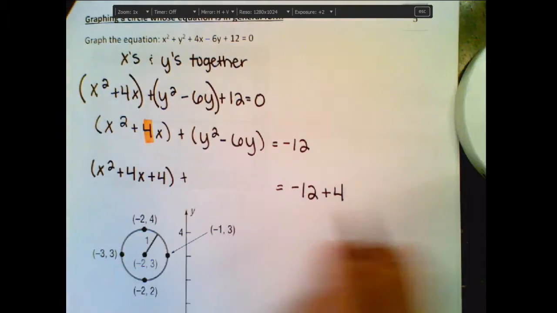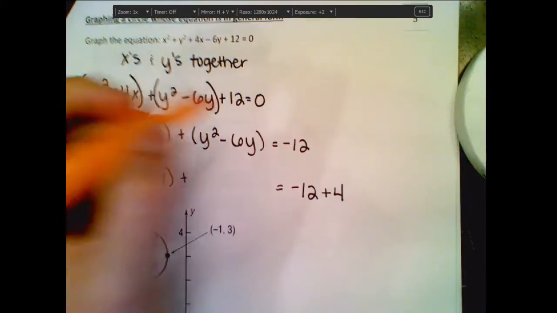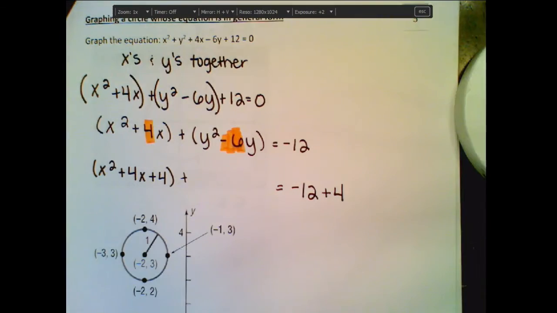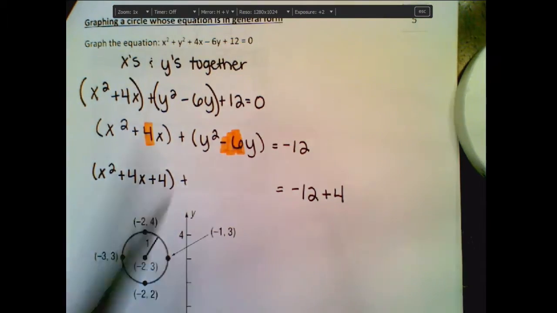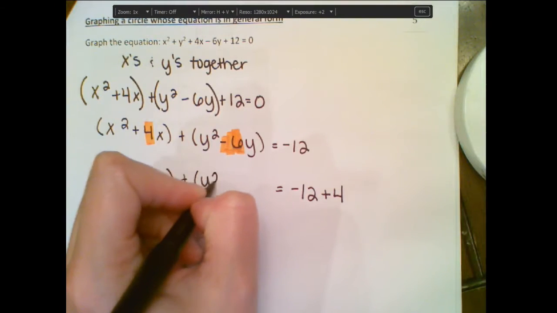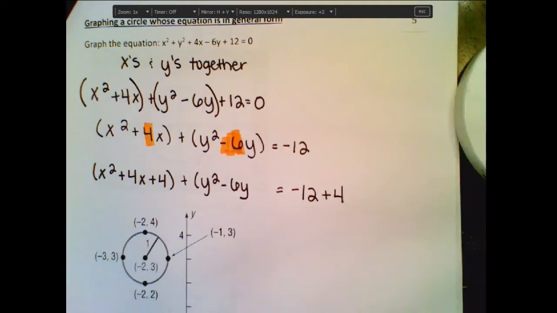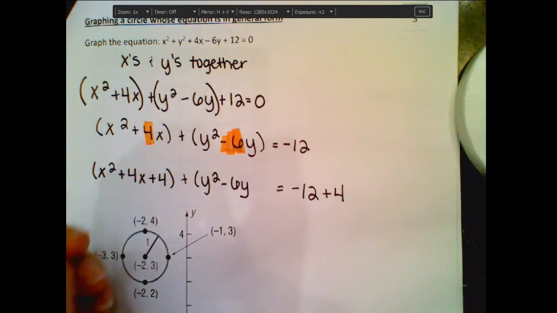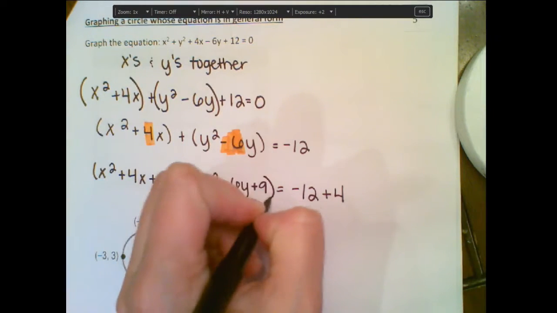Next one, our negative 6 is going to lead us. We have y squared minus 6y. We're going to take half of negative 6, which would be negative 3, and we square that. So plus 9. I'm going to say that again.